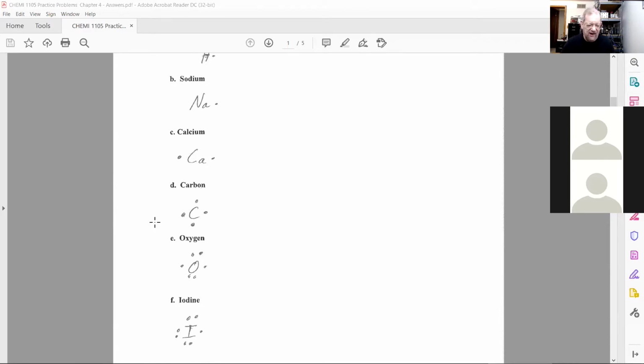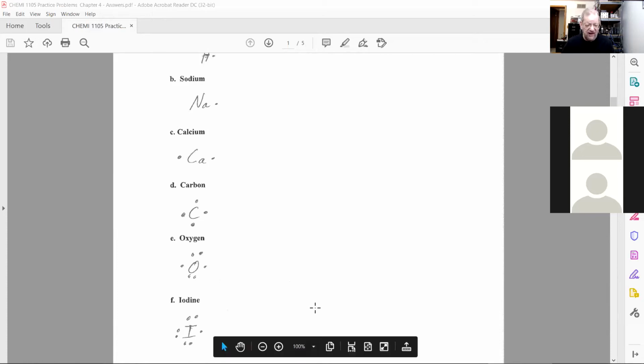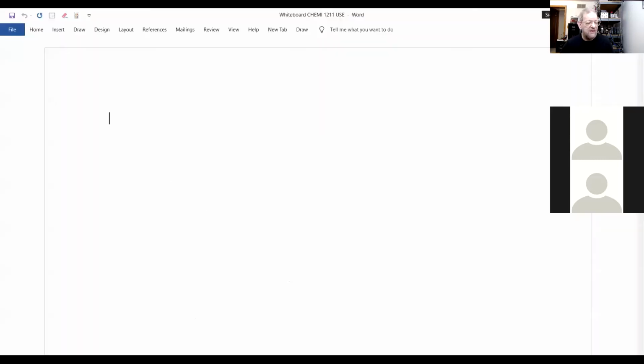Now, common mistake, and let's go for carbon, 4 valence electrons. And you'd put 1 dot on a side before doubling up for an element.